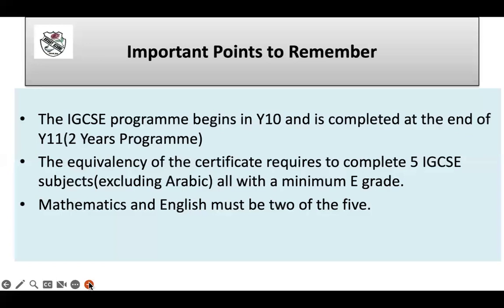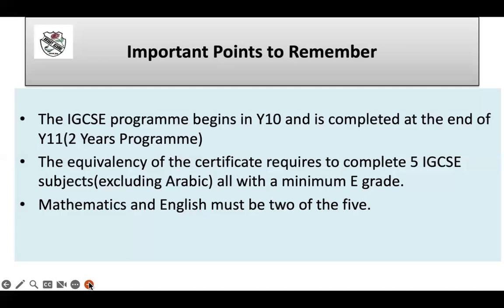So from the ministry side, for the equivalency of your certificate, 5 IGCSE subjects are compulsory for all the students to promote you to the next level. Your grade should be up to E grade. Maths and English must be among those 5 subjects. So all students will carry in year 11 a minimum of 5 subjects.